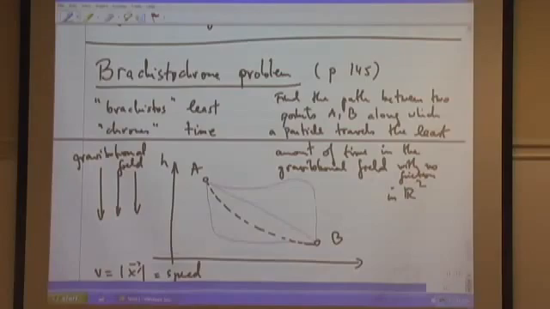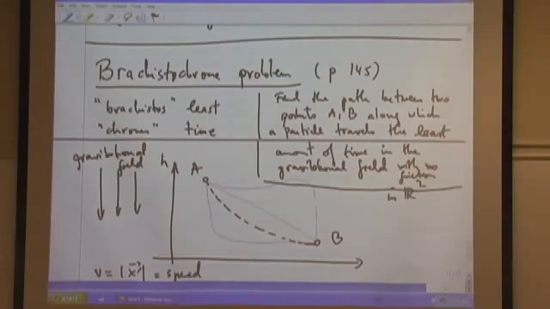So we're talking about an ideal situation in which there is no friction, so there is no other force. This is the only force that acts on the object.